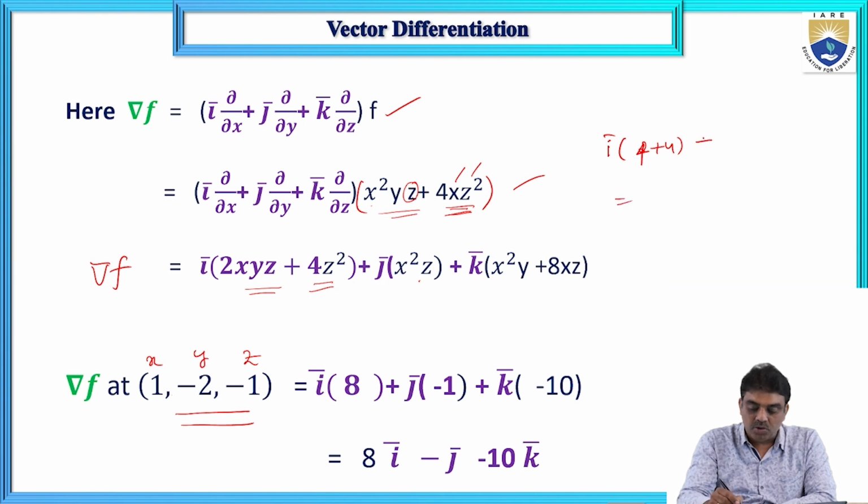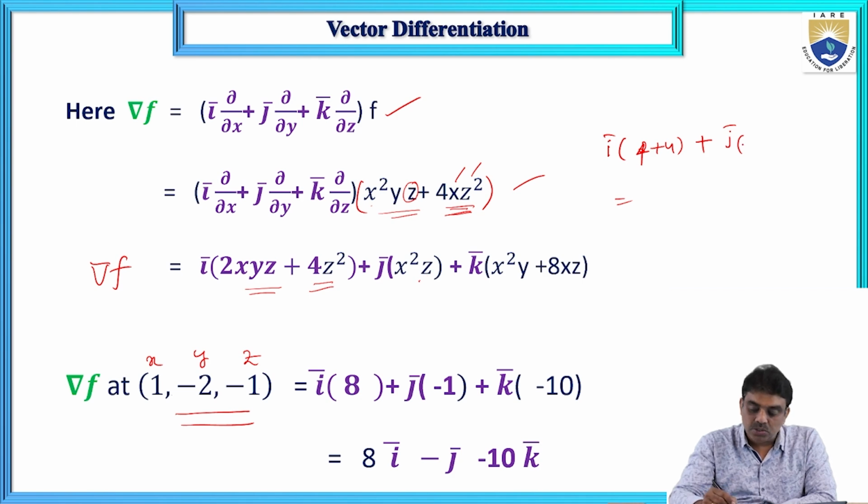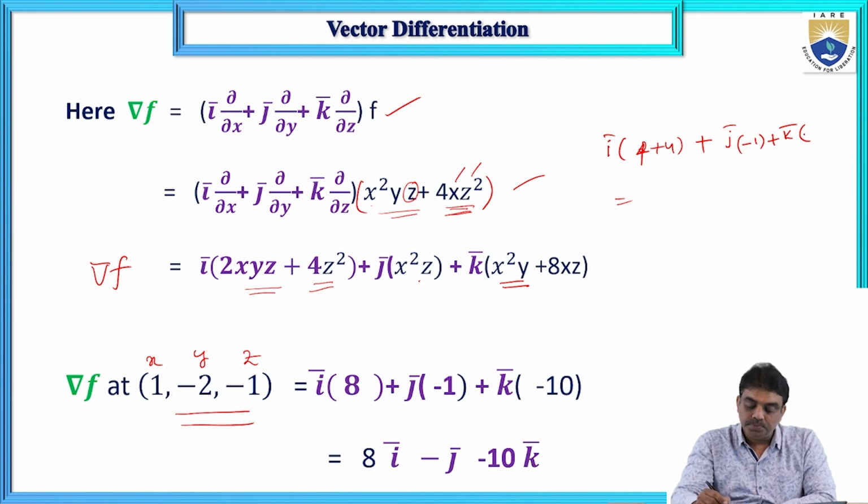So the i bar coefficient is 4 plus 4, and the j bar coefficient: substituting x, y, z, x square 1 into z -1, so this is -1. Plus k bar into, what is the k bar coefficient? X square y means 1 into y, -2, plus 8 into x into z, and -8.